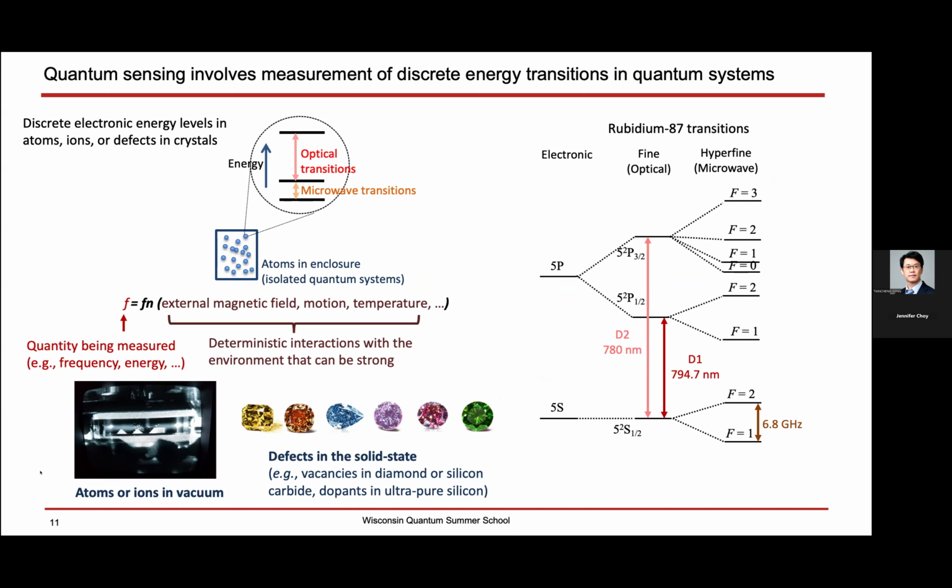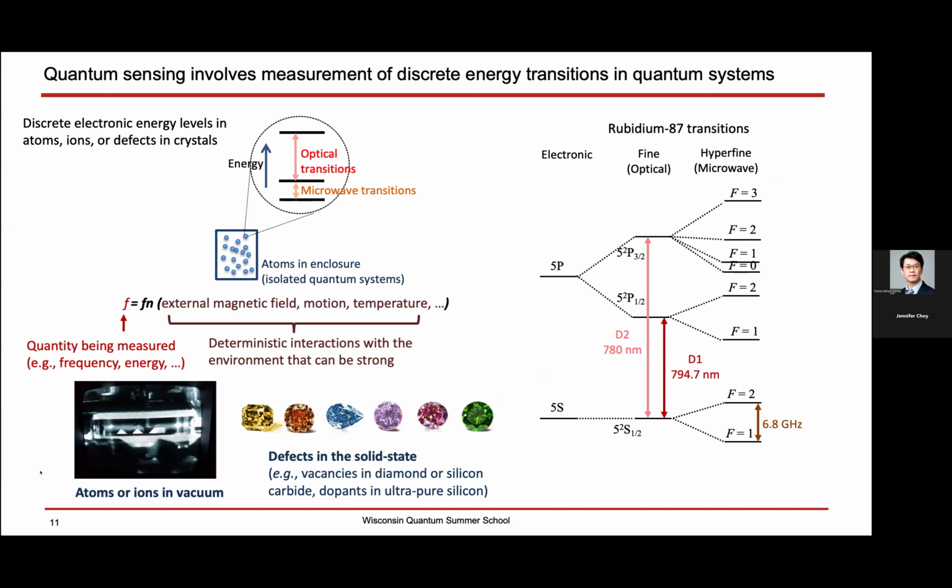It turns out that these can be considered artificial atoms, because they behave very much like atoms that are trapped, let's say, in a vacuum, and they now have discrete electronic transitions that are useful for sensing. I should also mention that I believe tomorrow you'll hear about some other examples of artificial atoms in the solid state, particularly in silicon and germanium materials. This is basically the same concept.